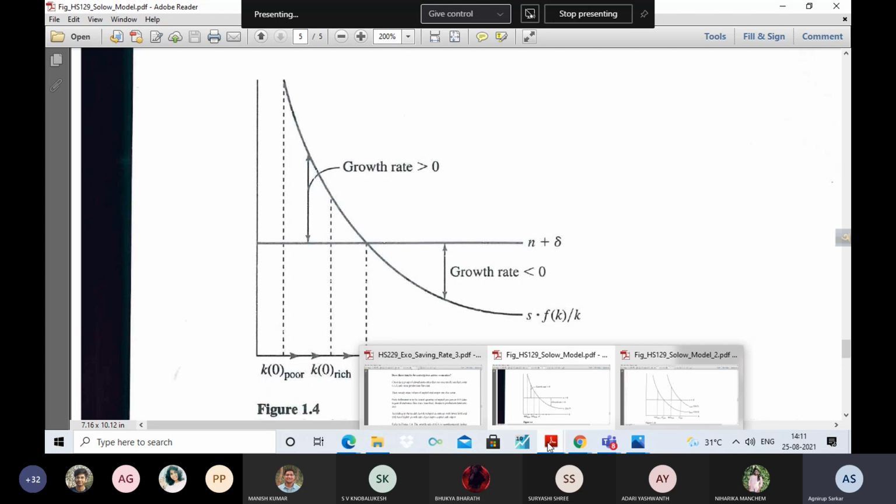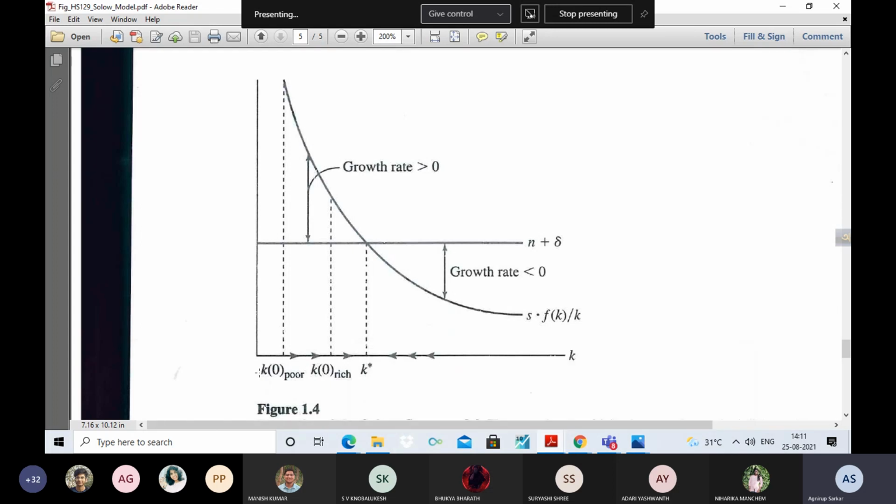It basically means that regions or countries with lower starting values of capital labor ratio, K naught, initial values, have higher per capita growth rates. So a lower initial capital to labor ratio implies a higher per capita capital growth rate, that is a higher value of small k dot by small k.